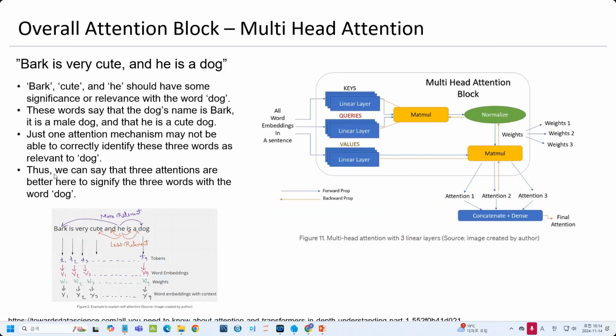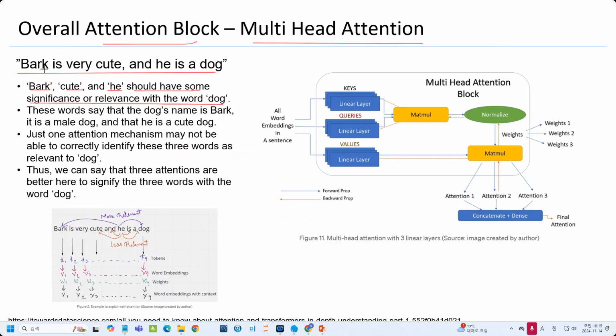But we can also do an attention block with multi-head attention. It means there will be some words that we want to focus on. For example, as I mentioned, Bob is very cute and he is a dog. So Bob, cute, and he should have some significance or relevance with the word dog.